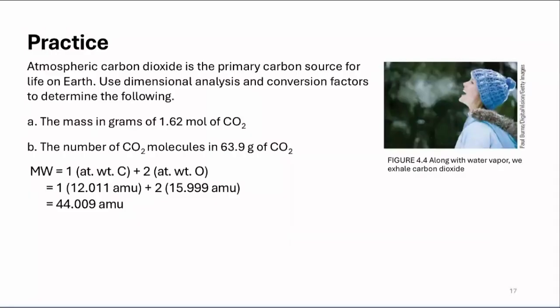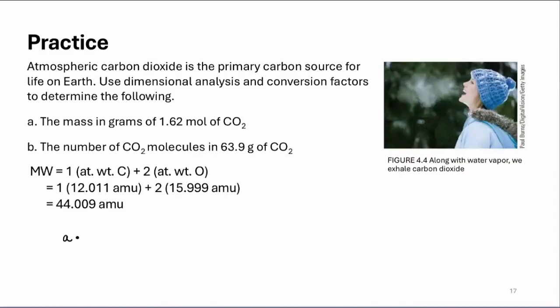We can see that in the following practice problems, we are trying to find in letter A the mass in grams of this particular amount of moles. So for letter A, I am given moles and I need to get to grams.